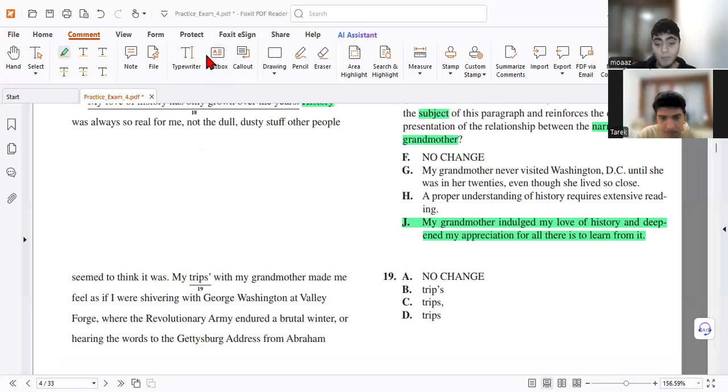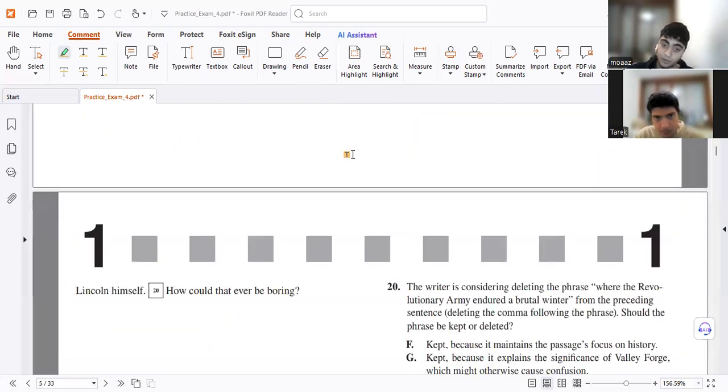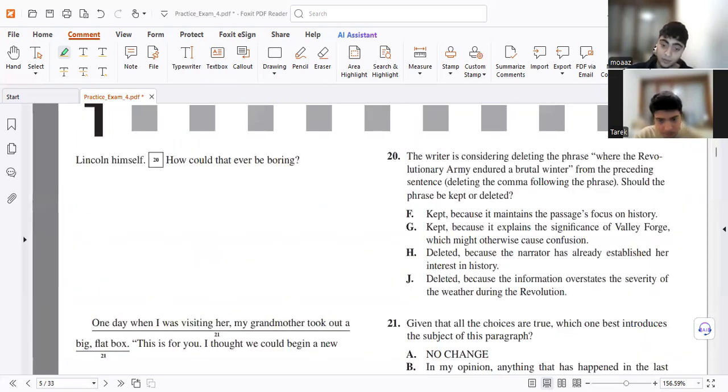Number 19, it's D. Yeah, raise your voice. Letter D, correct. 20. 20 is J. G. Letter D, correct.